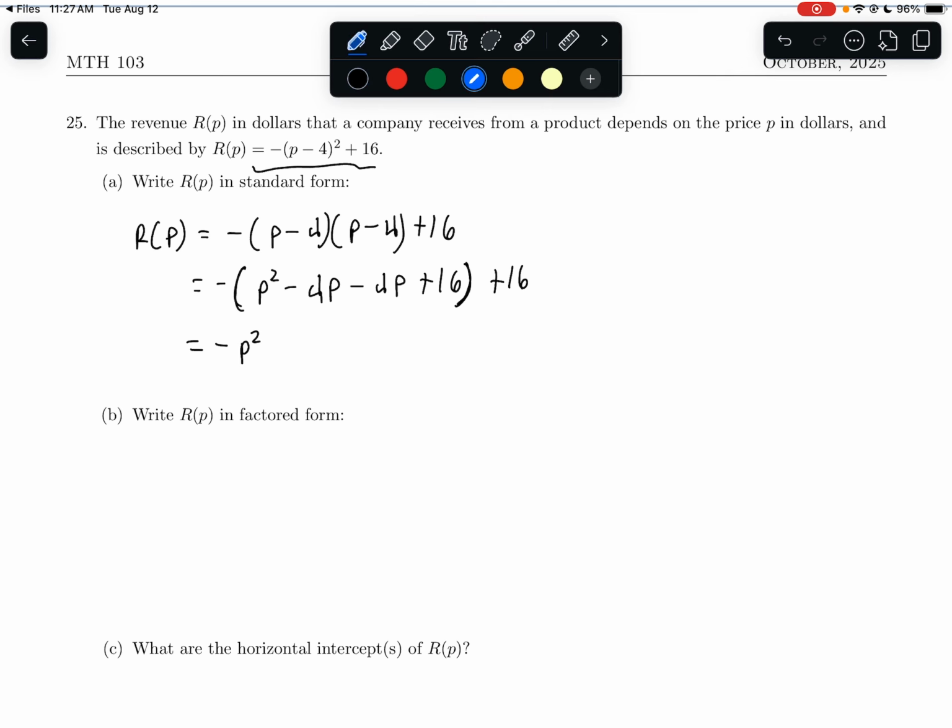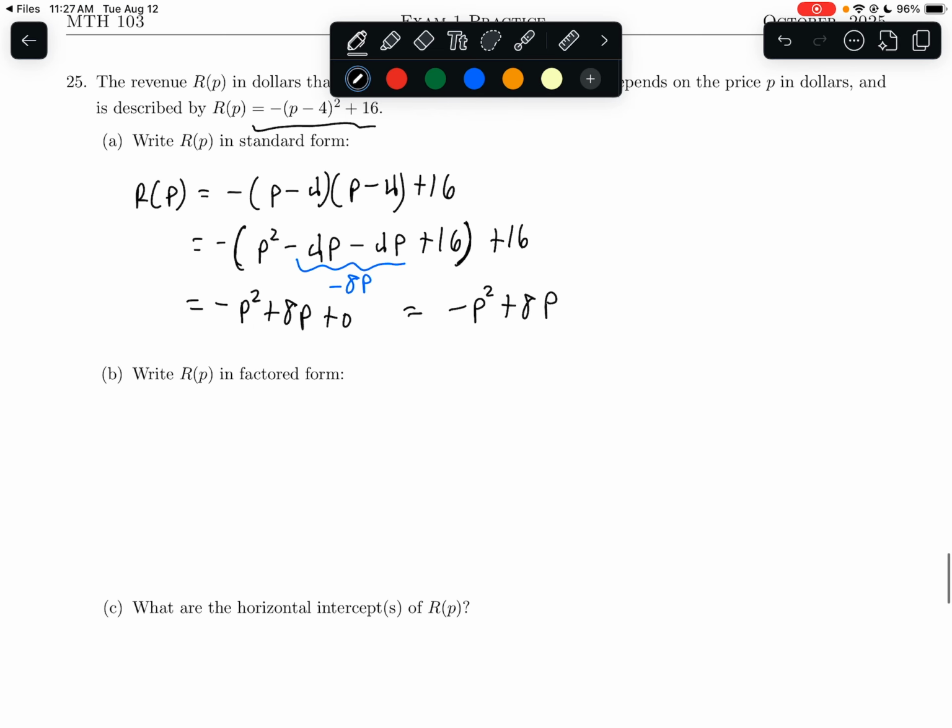This term, negative 4p minus 4p, is negative 8 times p. And when I distribute the negative, I get plus 8p. And then I have negative 16 plus 16, so I have plus 0. And so the function is negative p squared plus 8p.